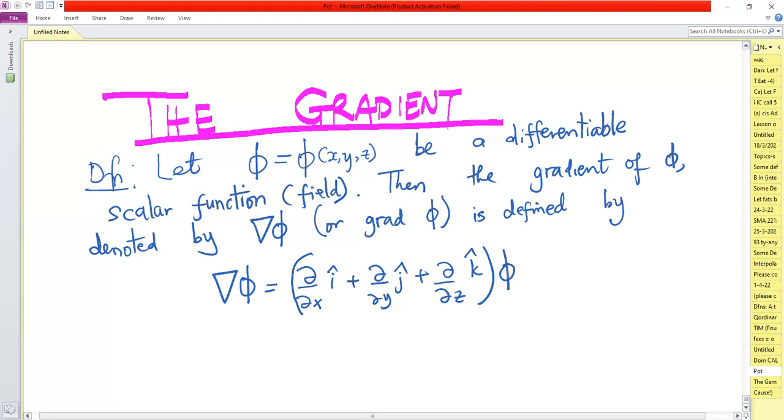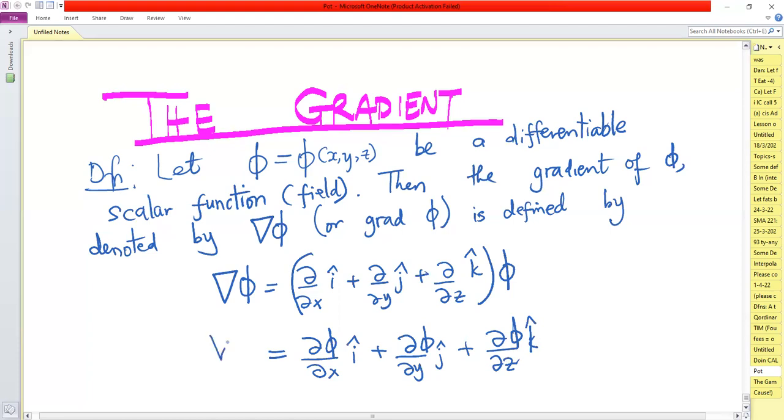Then you put phi here, which reduces to partial phi partial x plus partial phi partial y plus partial phi partial z. Okay. So this is how we define the gradient of phi.